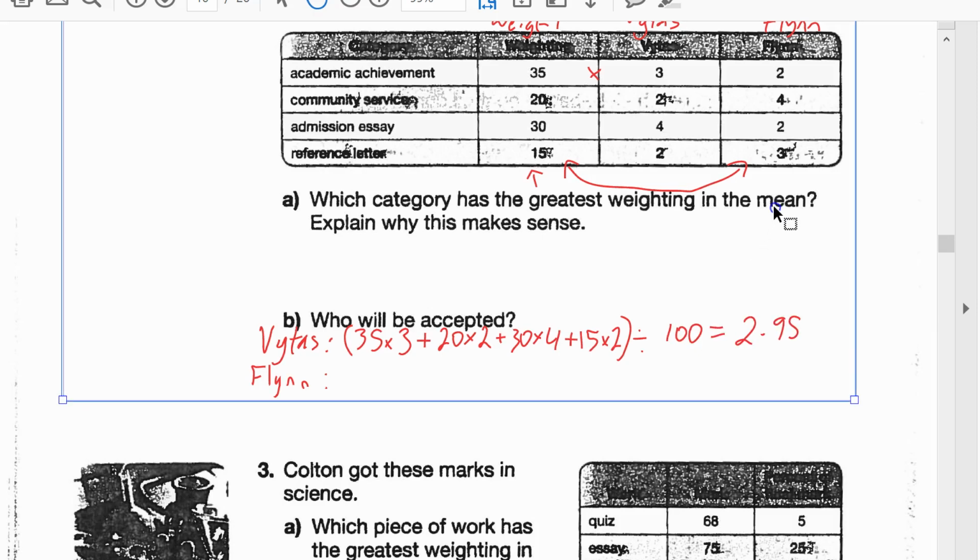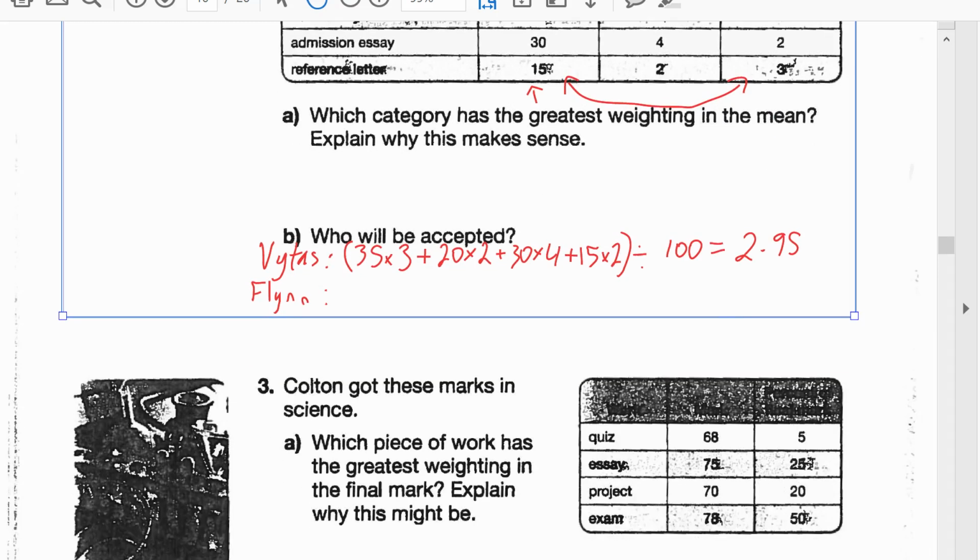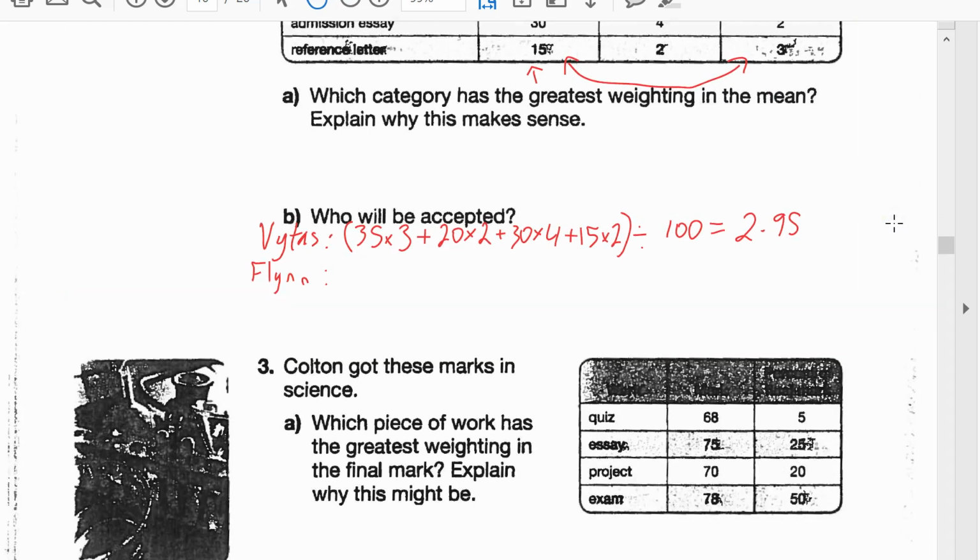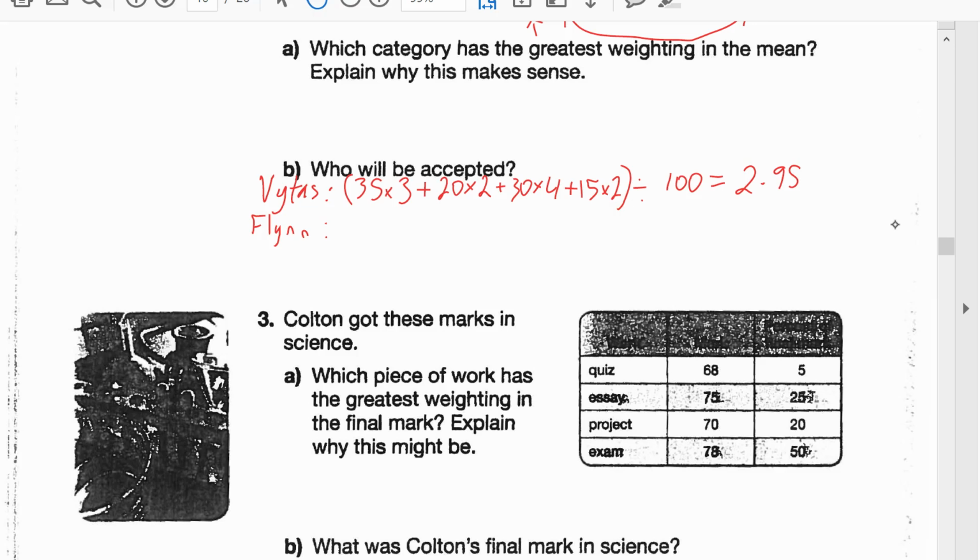So do the other guy and tell me who will be accepted. Blank will be accepted.